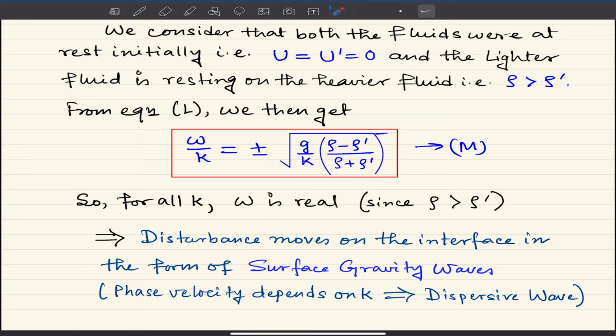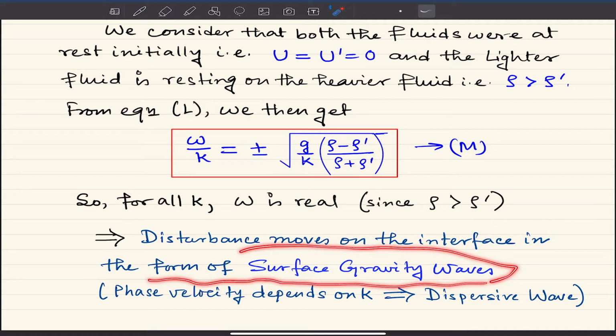So finally you can see that the phase velocity of the mode is just this. For all k, we don't care what the value of k is, omega is always real, since rho is greater than rho prime. It simply says that the disturbance in this case moves on the interface in the form of a linear wave mode, which is called the surface gravity wave.